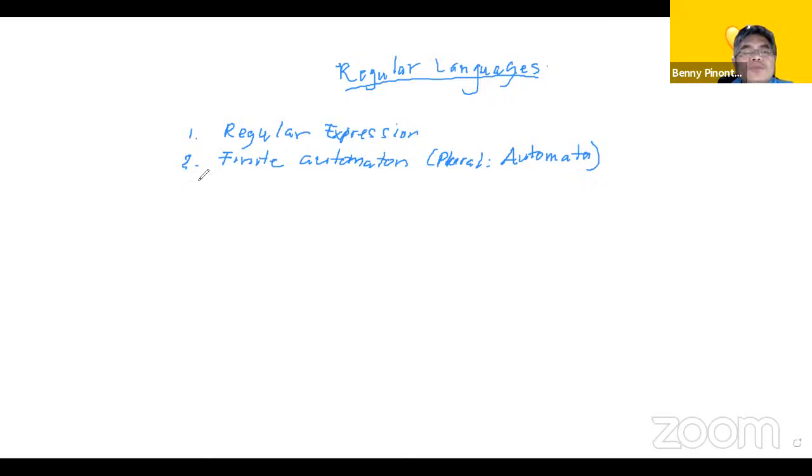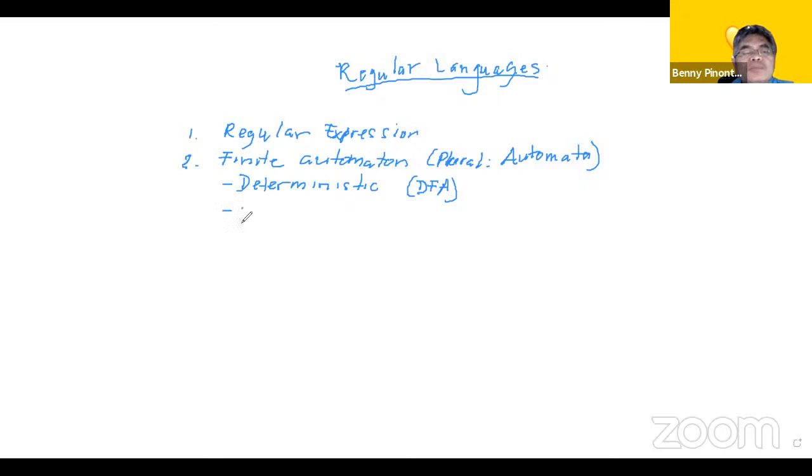Now there are two kinds of finite automata. The first one is deterministic, so that is deterministic finite automaton.